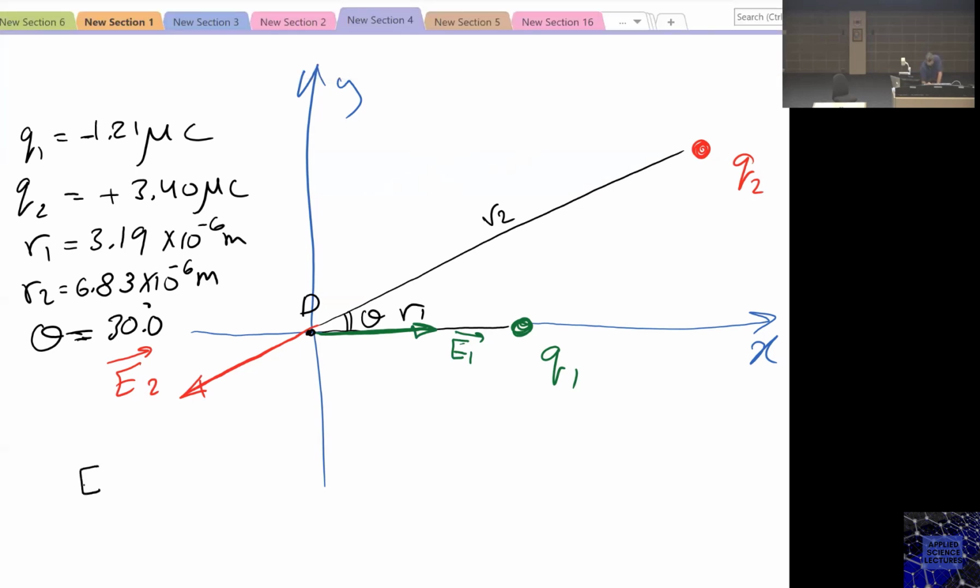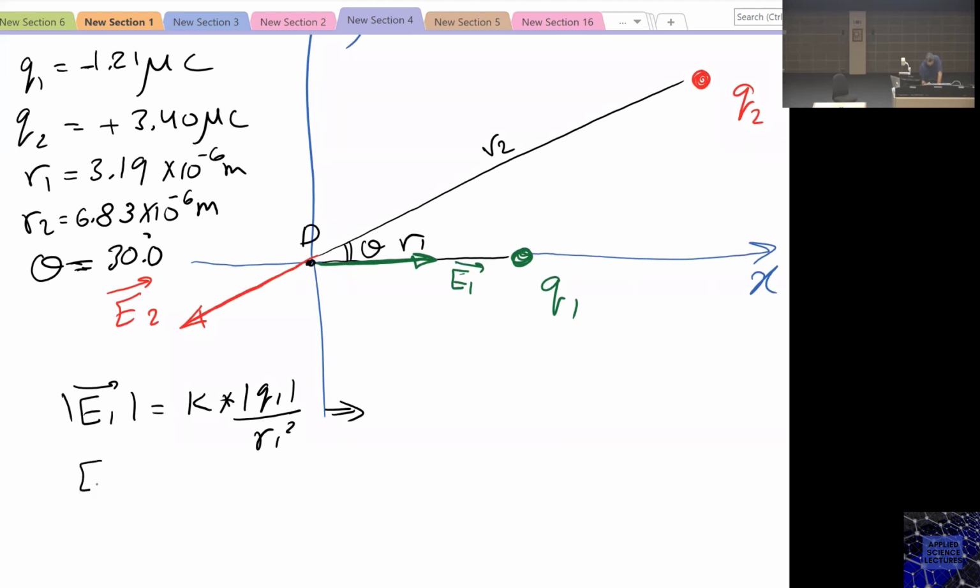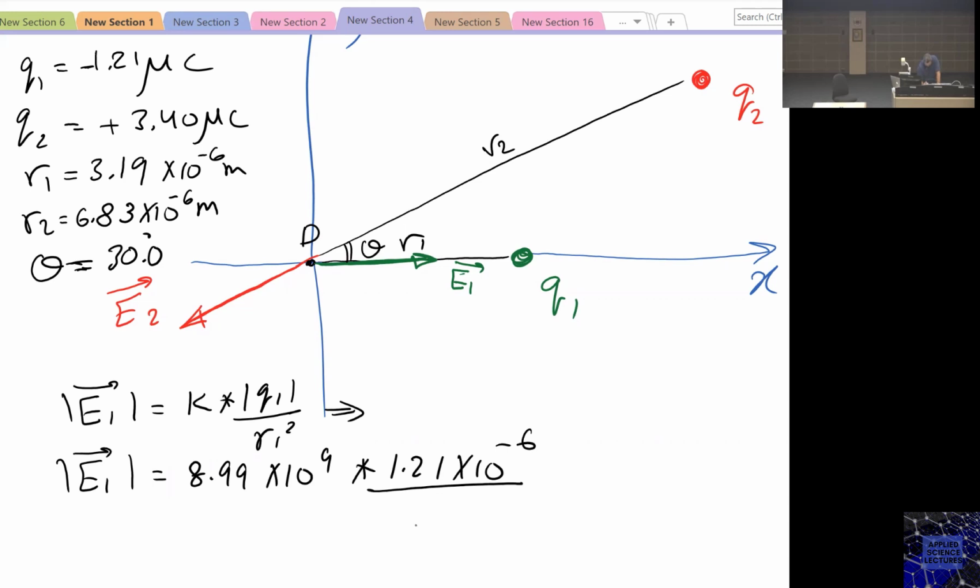So I have E1 magnitude equals K times Q1 divided by R1 squared, or E1 magnitude as 8.99 10 to the power 9 times Q1, positive 1.21 10 to the power minus 6, because it's microcoulomb, divided by R1.